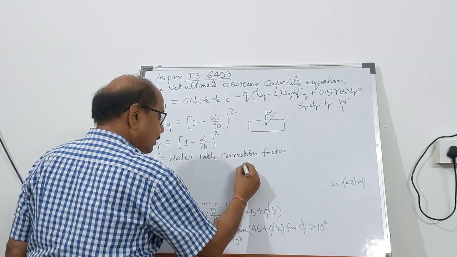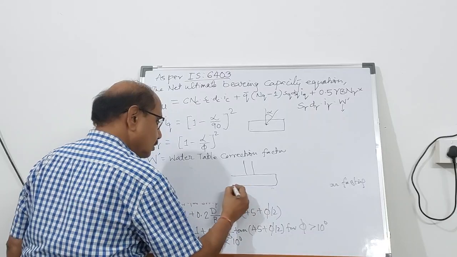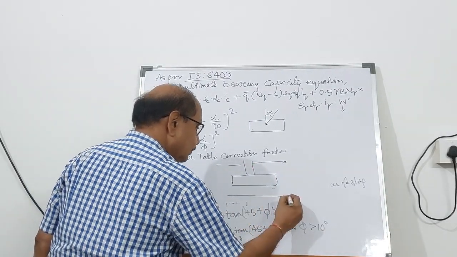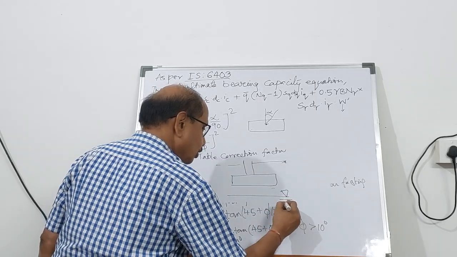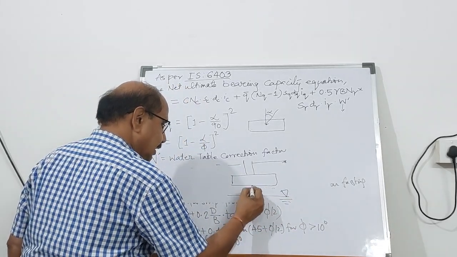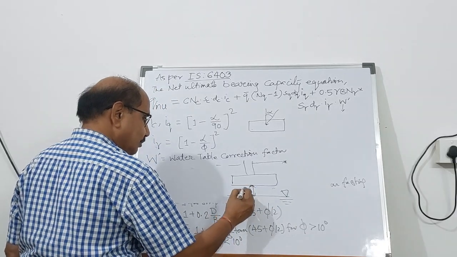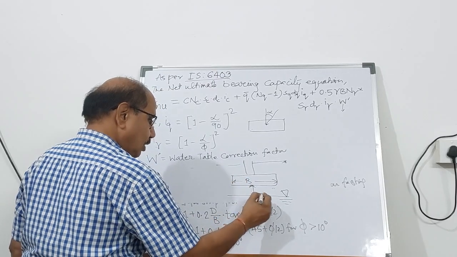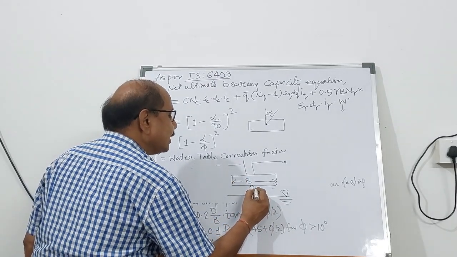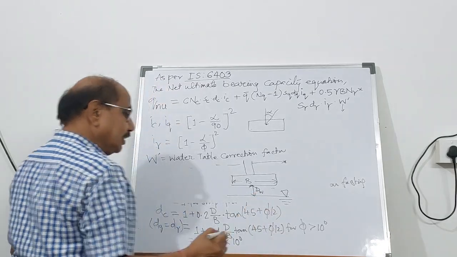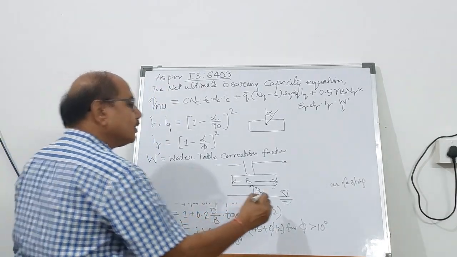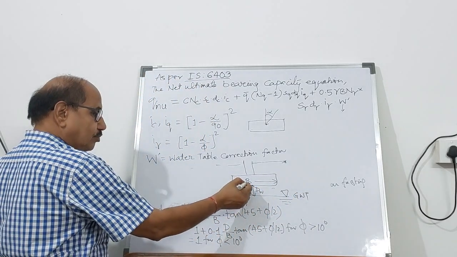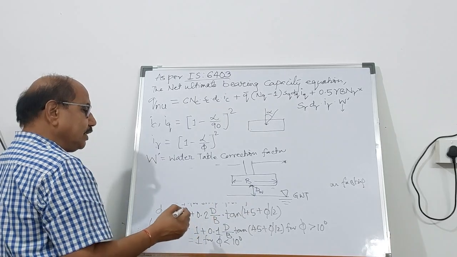So if you have a footing, here the water table is below the base of the footing, and let's say from the base of this footing the water table is at a depth dW. This is the groundwater table.